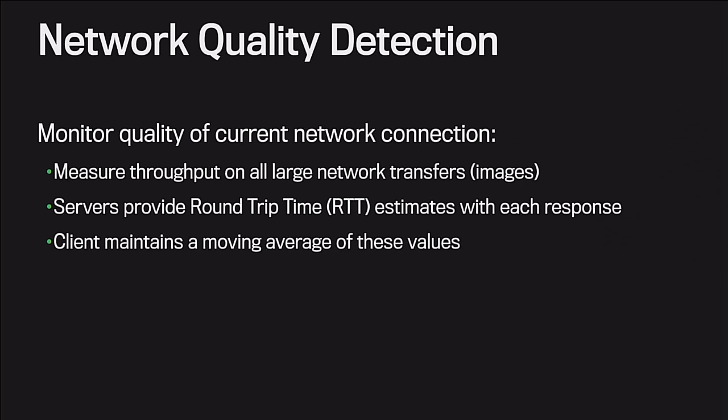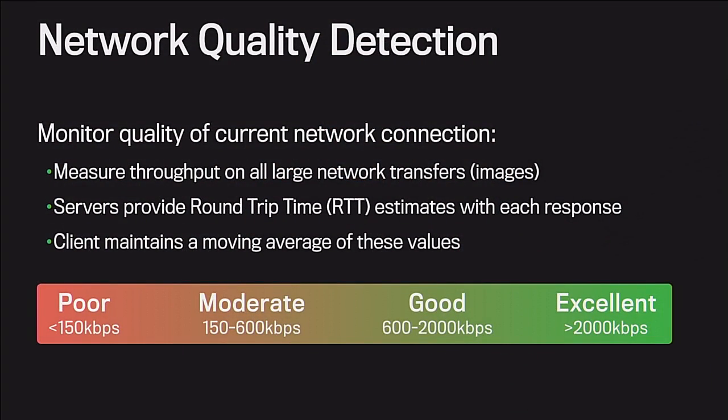We measured the throughput on all large network transfers, which ends up being mostly images in practice. The Facebook servers provide a round-trip time delay estimate in the HTTP headers when they send back basically every response. And the client maintains a moving average of these values and attempts to determine the connection quality. It then provides a rating: poor, moderate, good, or excellent.